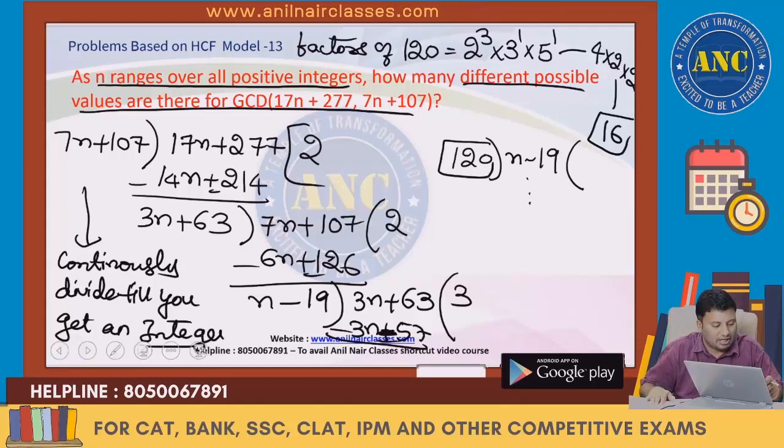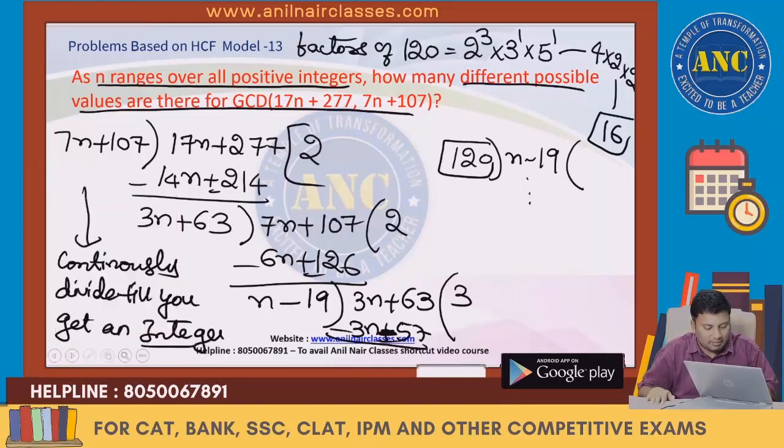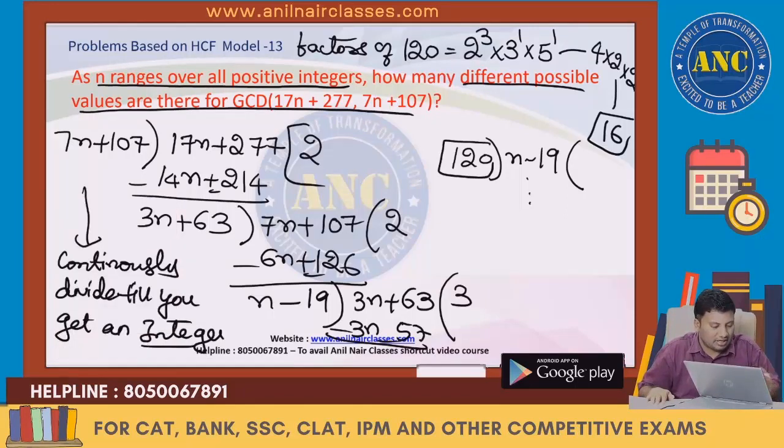Now if you see here, this is 3n minus 57. So this will become minus and it is plus. So it is 120.